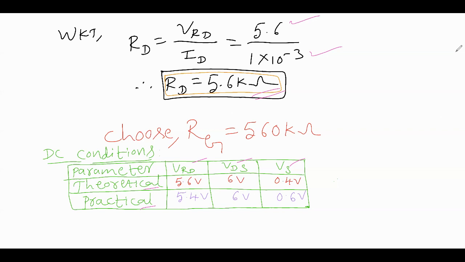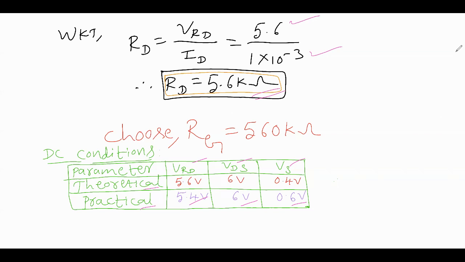We got VRD equal to 5.4 volts in the practical case, whereas the theoretical value is 5.6 volts, so they are approximately the same. VDS equal to 6 volts theoretically, and practically we got 6 volts. VS is 0.4 volts theoretically, whereas the practical value is 0.6 volts.